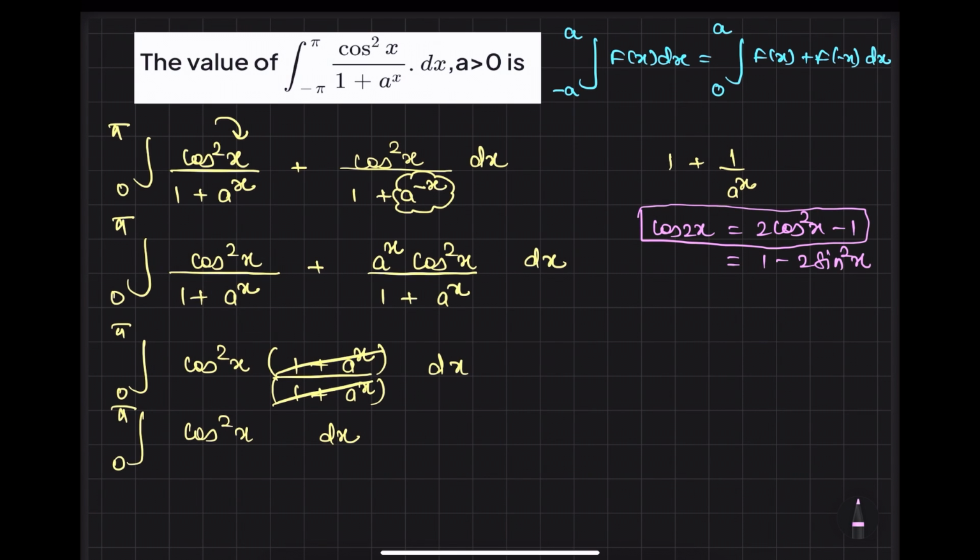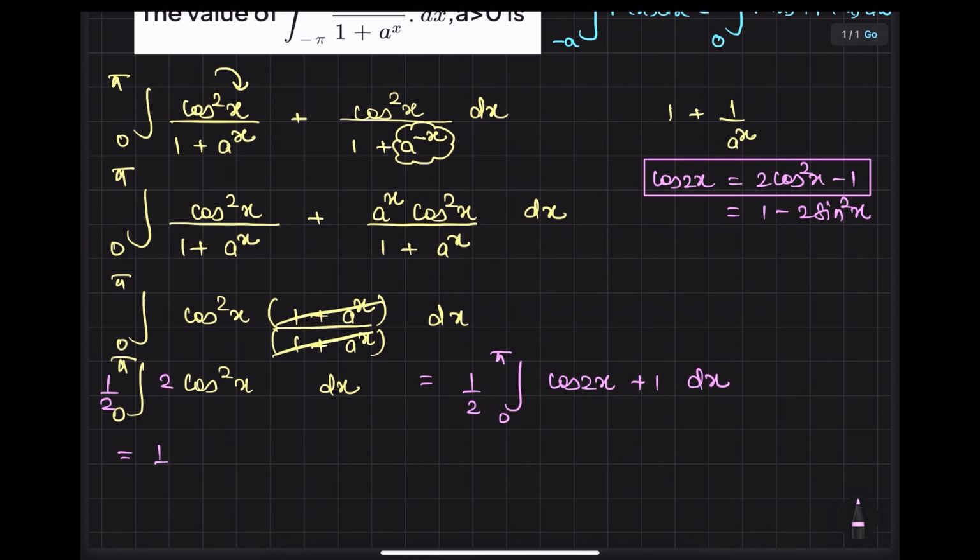So for that, we need an extra 2. So we will multiply by 2 and divide by 2 to balance the equation. So we have 2 cos square x. Can we write down this situation as integration from 0 to pi, and then we have cos 2x plus 1 dx? Now let's do the integration part.